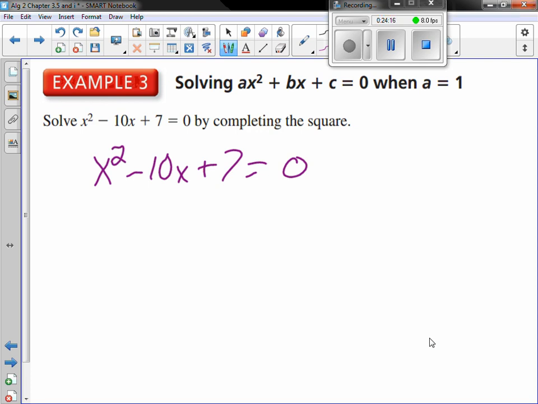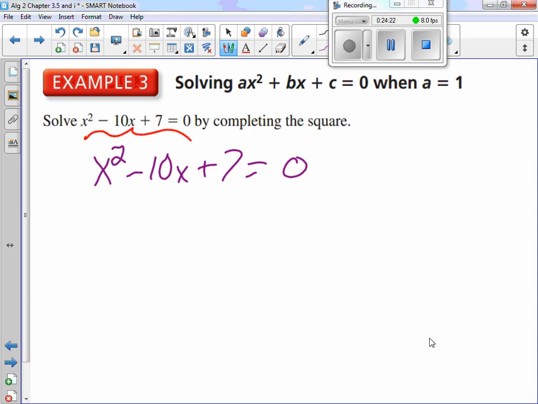Get the constant terms away from the variables and leave 2 spaces. Well, our variables are these here, x squared and x, yes? Because what we're wanting to do with this step is get to a point where I have a set of parentheses squared, yes? Well, will 7 be a number that's multiplied by itself?